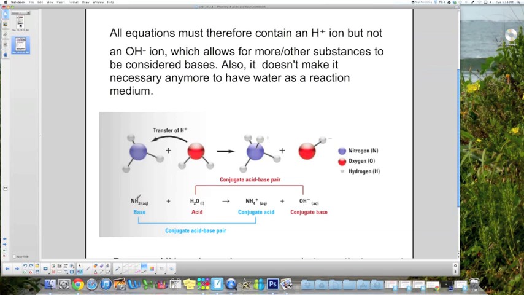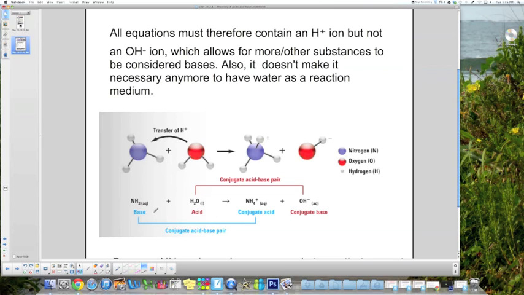So we have a base over here, NH3, ammonia, which is a base but doesn't contain an OH part. It reacts with a water molecule, which plays the role of the acid. This base reacts with this, which is technically our acid, to form ammonium and an OH minus ion.